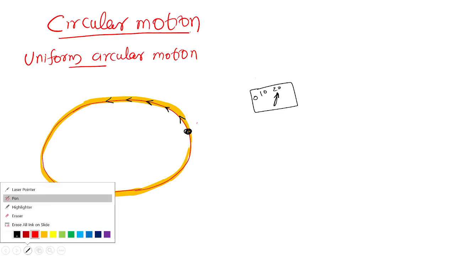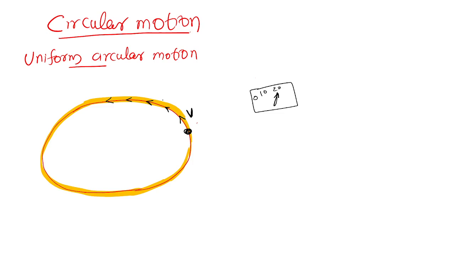I am not increasing my speed. For example, I am moving with a fixed speed, say 30 km per hour. If I am moving with a fixed speed along the circular track, then such circular motion is said to be uniform circular motion. So the speed is denoted by v. If I consider the direction, we can call it velocity. For the time being, I am not talking about direction. Speed, let us call it v.